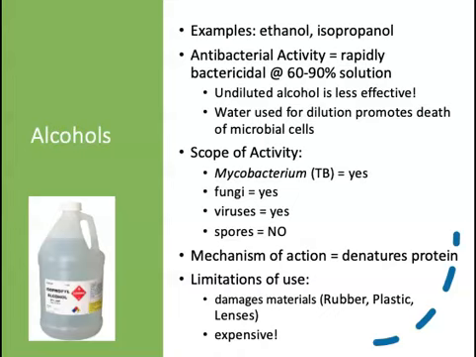The mechanism of action of alcohols as disinfectant chemicals involves denaturing proteins. Remember, proteins are, at their most simple structure, a long chain of amino acids that are bound together with peptide bonds, which are a special type of covalent bond. Once that long chain of amino acids is assembled inside of a cell, it then has to fold, and it folds up using weak attractions like hydrogen bonds and van der Waals interactions.